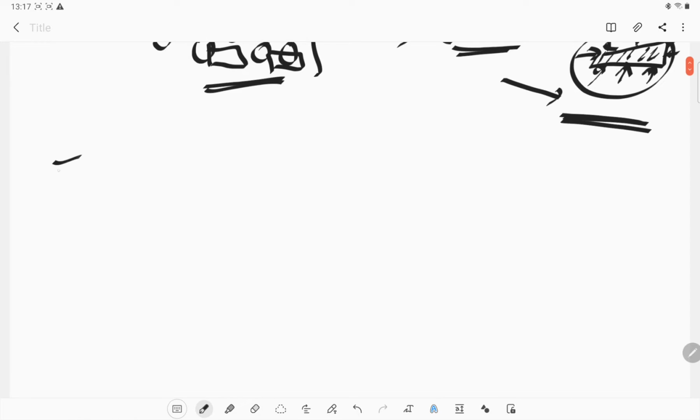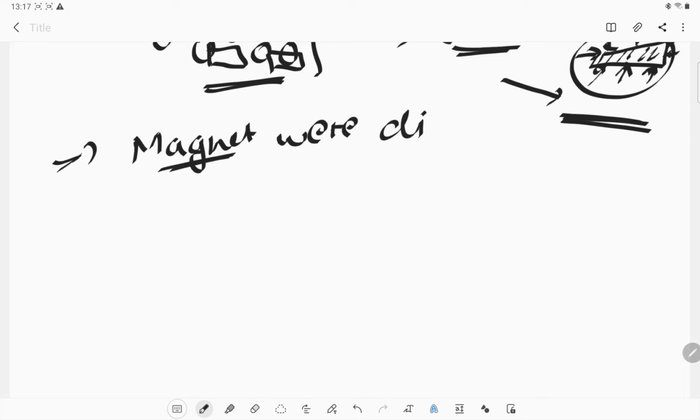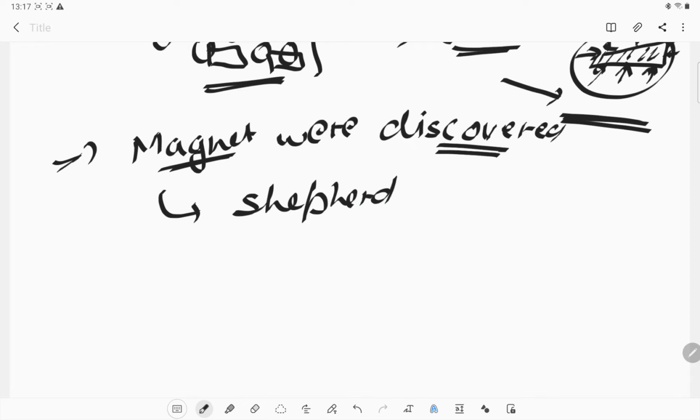Okay, so the main question was how magnets originated, or how magnets were discovered. What was the story behind that? There was a very good story about a shepherd, and that shepherd's name was Magnes.